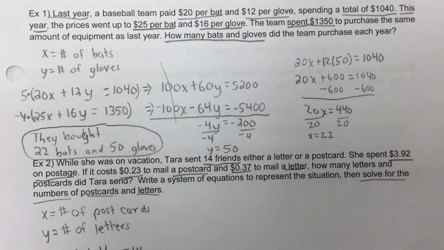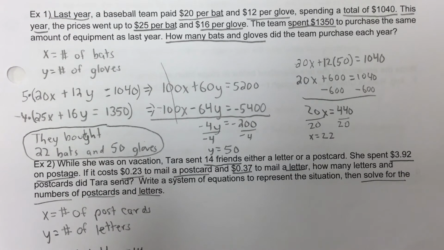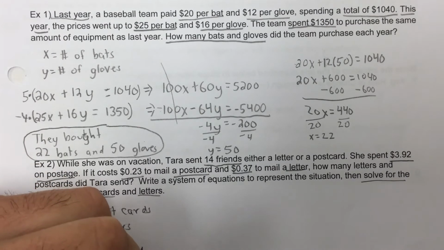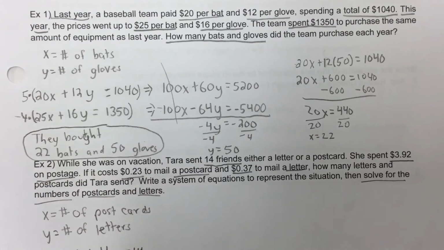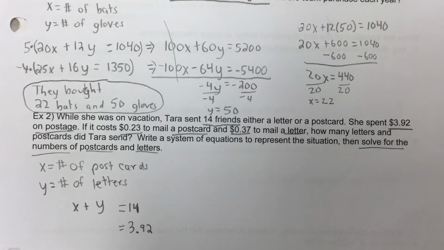We are then going to have what I call a money equation, because this equation is going to deal with the money. So she spent a total of $3.92. So again, anytime it's a total, you write it equal to 392. And what equaled 392?